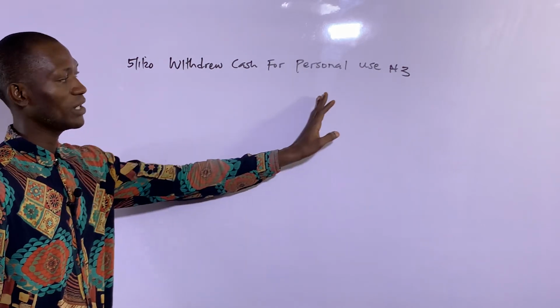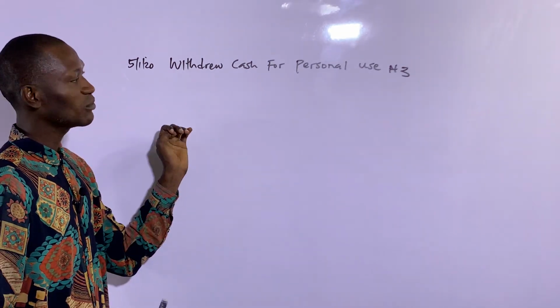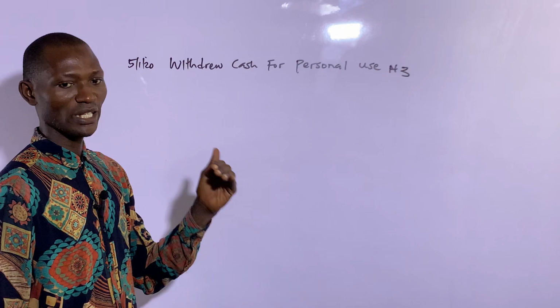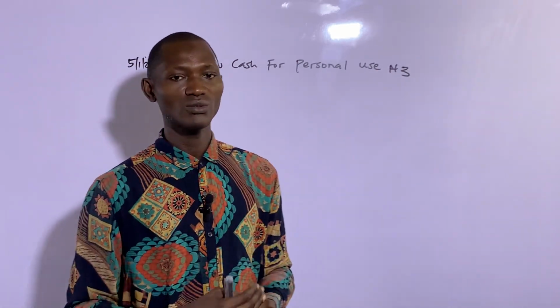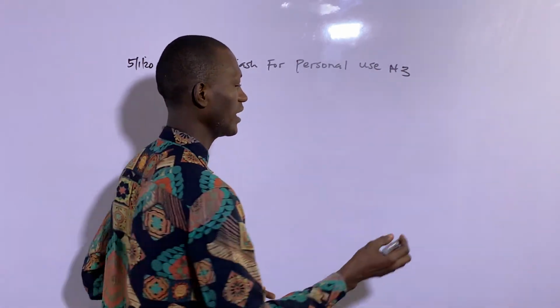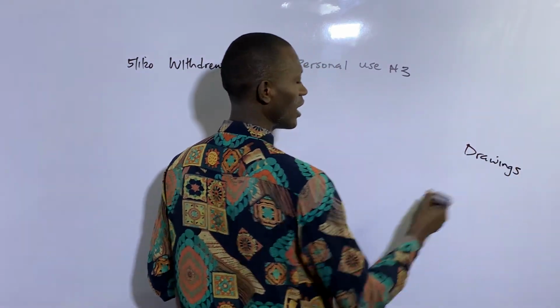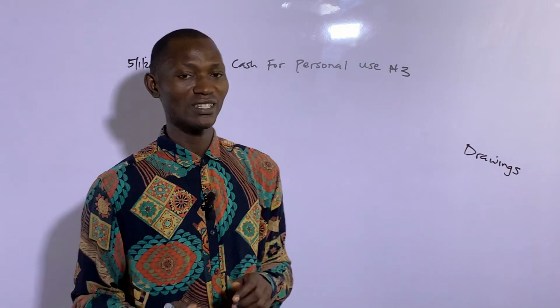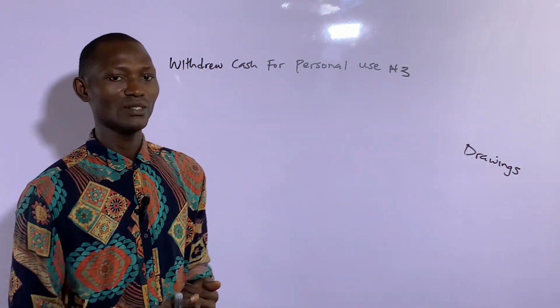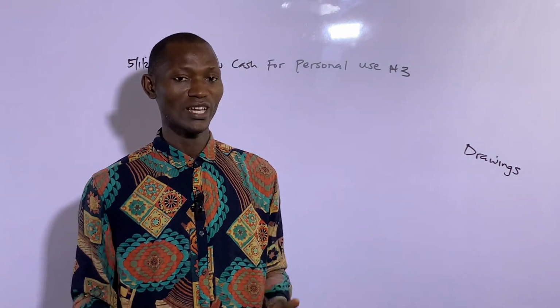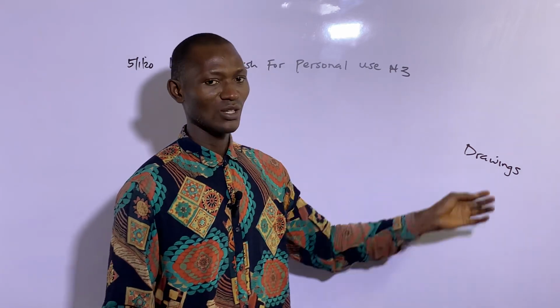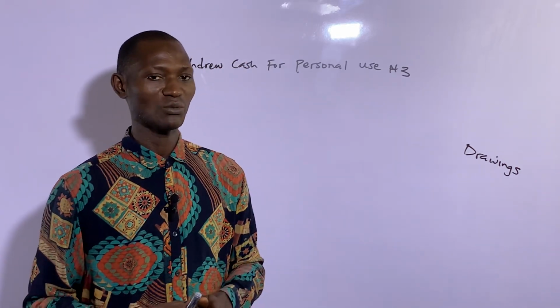We drew cash for personal use. Anytime you have withdraw for personal use, it is called drawings, which I talked about earlier on. And what this means is that the owner of the business is taking from the business for his own personal use. That's drawings. So which account is that going to be recorded?